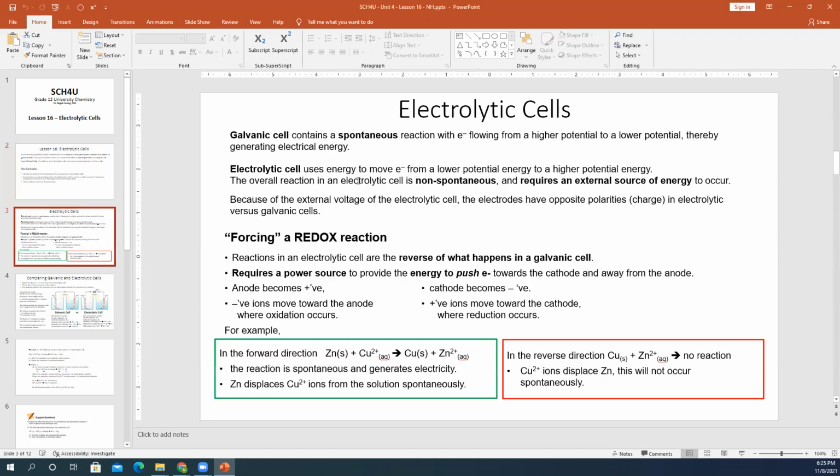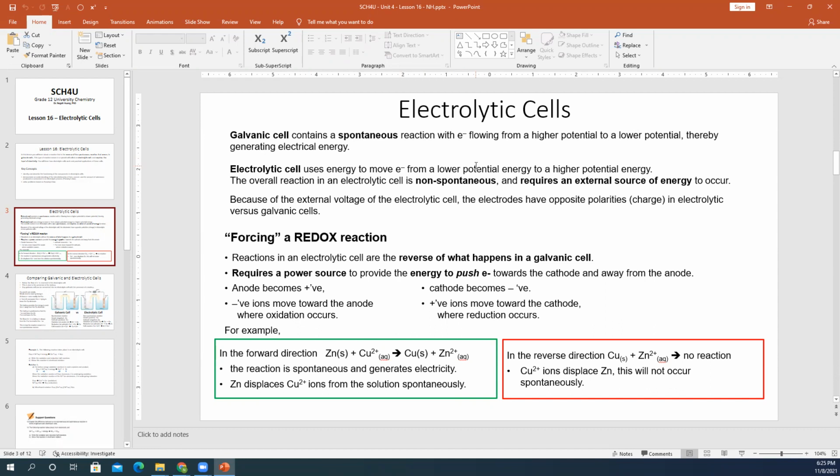All right, so again, just to compare and contrast galvanic cells versus the electrolytic cell, a galvanic cell contains a spontaneous reaction, whereas the electrolytic cell has a non-spontaneous reaction. In the spontaneous reaction of the galvanic cell, electrons flow from a higher potential to a lower potential, and that's how it generates electrical energy.